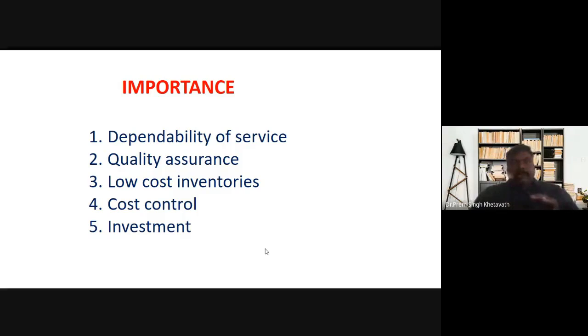Quality assurance, so we need to see that it should be of quality. Dependability of service means a machine compulsorily needs a service, so there will be dependability. Cost control we need to do, and investment on the machines and the tools we need to do that.